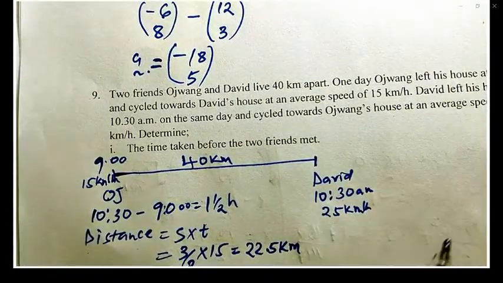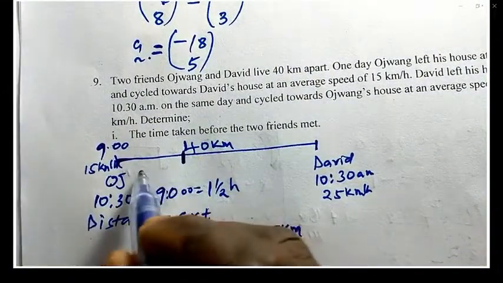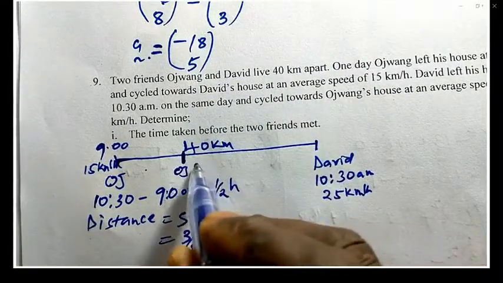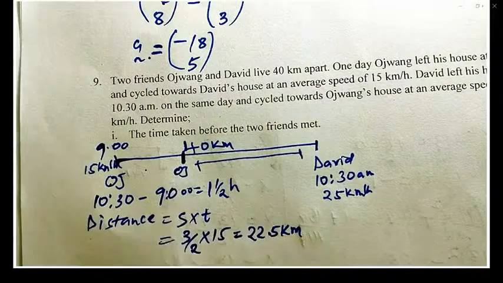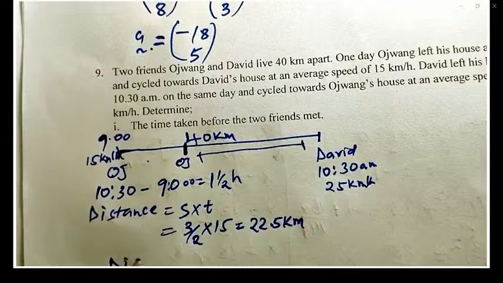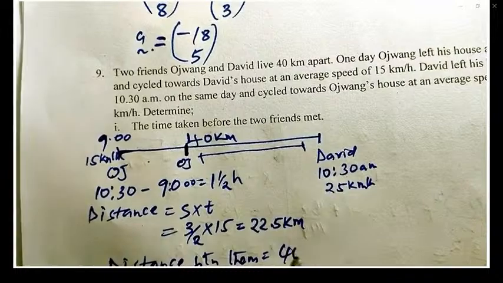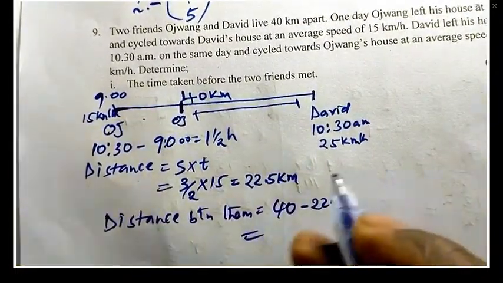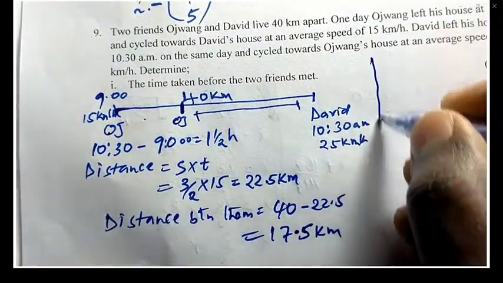Now the distance remaining, so Ojwang is here, the distance that is remaining is what they will share. Once David starts, Ojwang will be here. You see? So now the distance between them is 40 minus 22.5. And that is 17.5 kilometers. So this is the distance they are going to share for them to meet. So they are going to meet somewhere here.